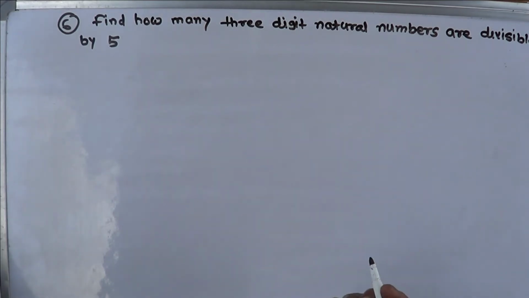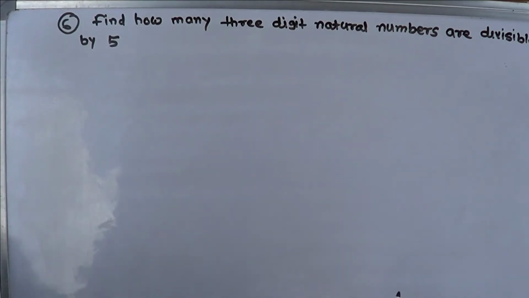Then next number will be 105, 110 and so on up to 999, which is not divisible by 5. So before that, 995 will be divisible by 5.